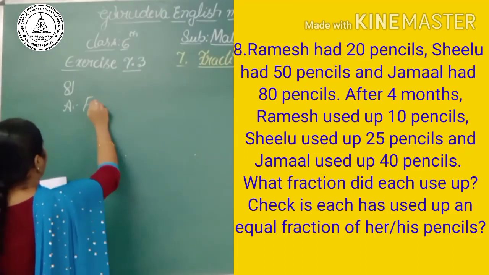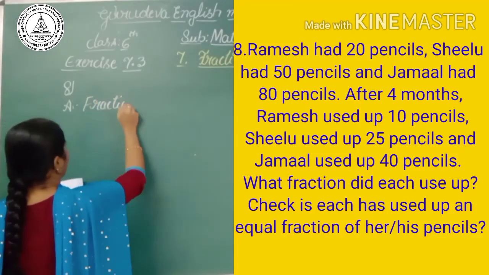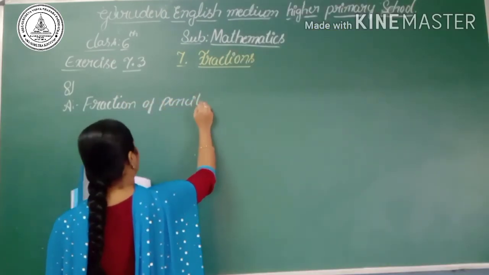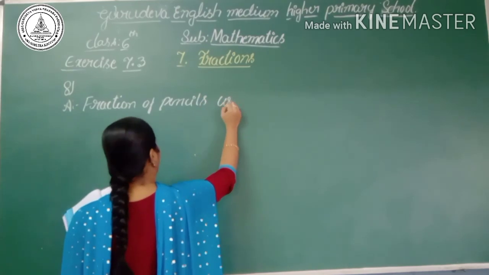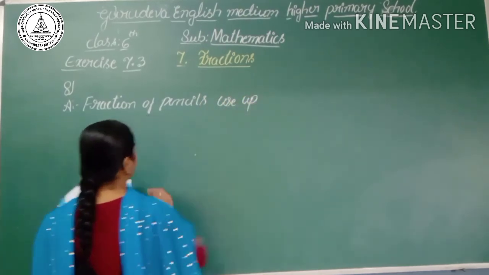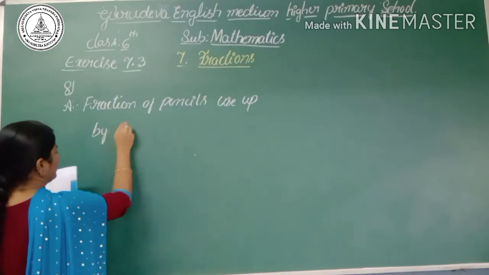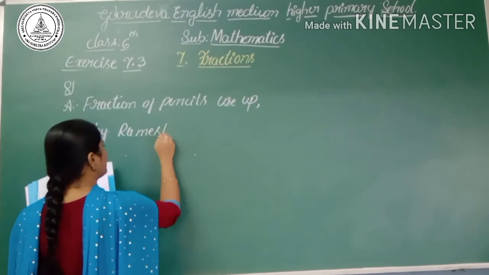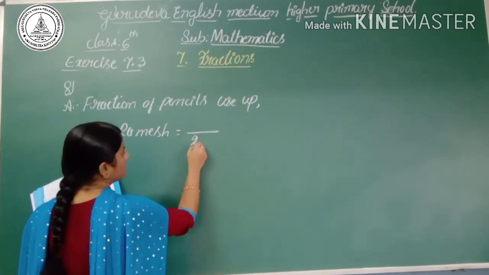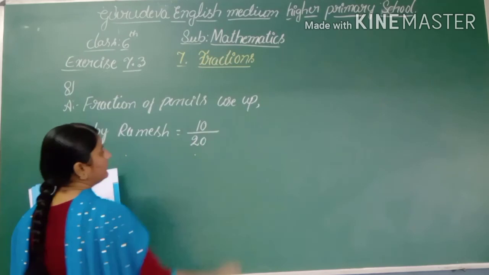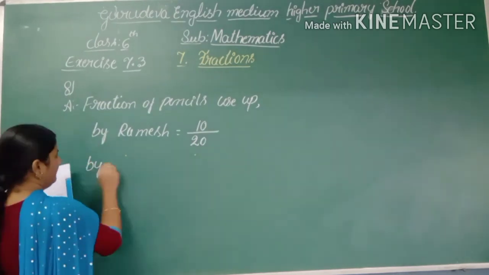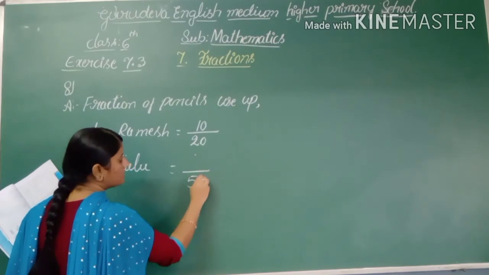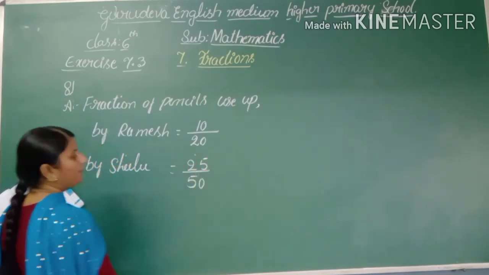Fraction of pencils used up. Now write down by Ramesh. Ramesh has a total of 20 pencils, and he used up 10 pencils. Then Sheelu had 50 pencils, and she used up 25 pencils.